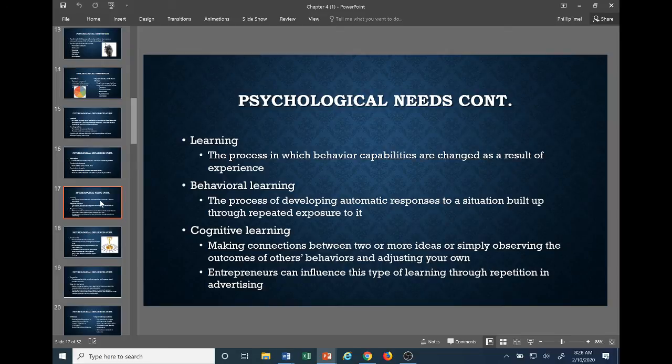So I think that's how this relates to cognitive learning, that you really think you're okay, but then the more you see this advertising, you start to think to yourself, okay, well, maybe I do need this product. Maybe I'm not all good right now. Maybe I am. If I had this, I could do this or successfully achieve this. So cognitive learning is also an important psychological need.